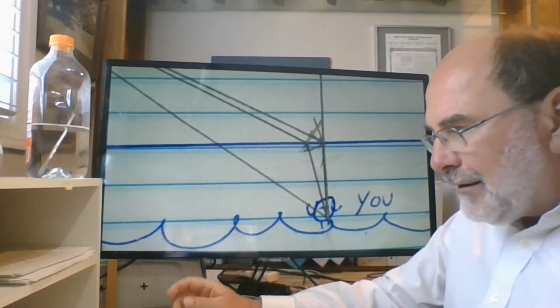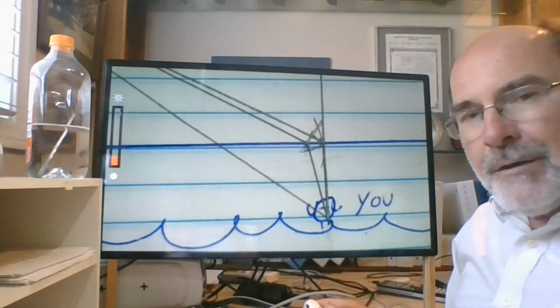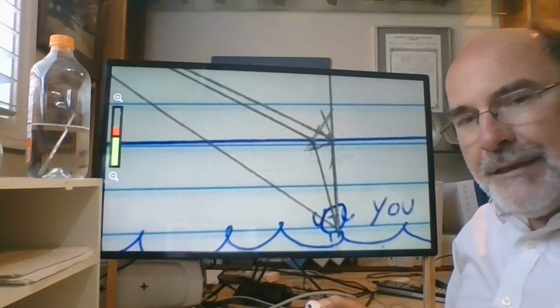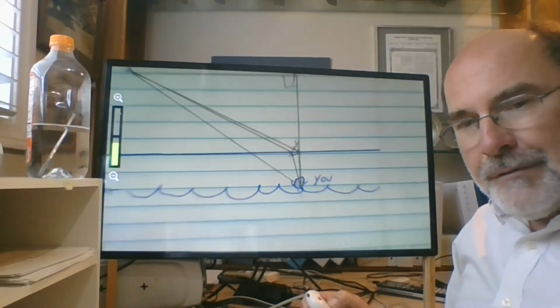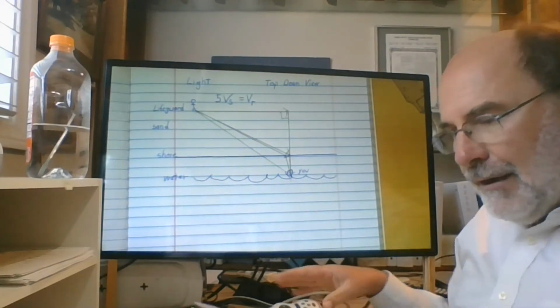This is the analogy to how light behaves when it goes between substances of two different densities. So the speed of light in a vacuum is 3.00 times 10 to the 8th meters per second. And that is great.